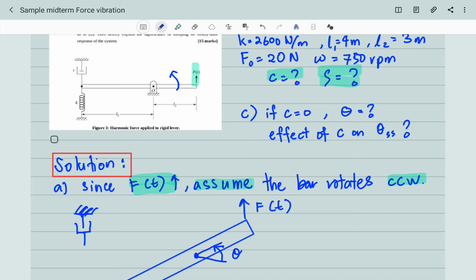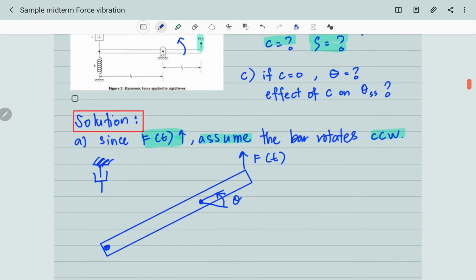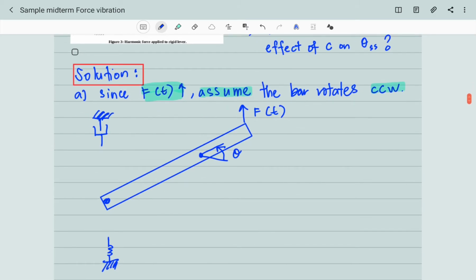But that doesn't matter because in this question we already give you the EOM. The main thing is, after you decide the assumed direction, in this case counterclockwise, you draw the lever as shown here. Then you can draw what happens to the spring and the damper. Remember this is the pivot point O. The left hand side of the bar will go down, so your damper will go down, as well as your spring.